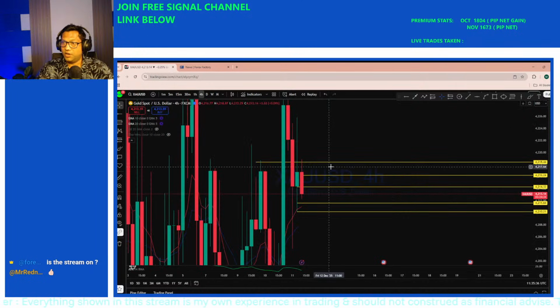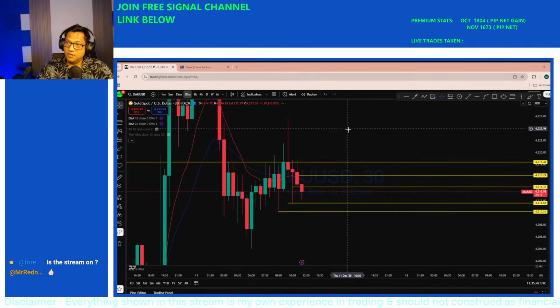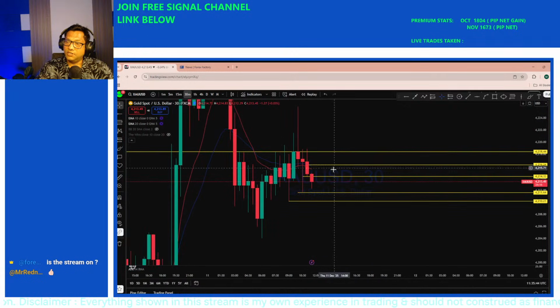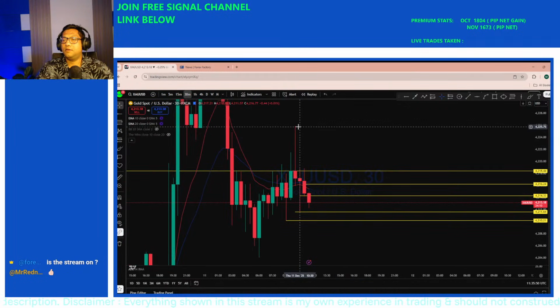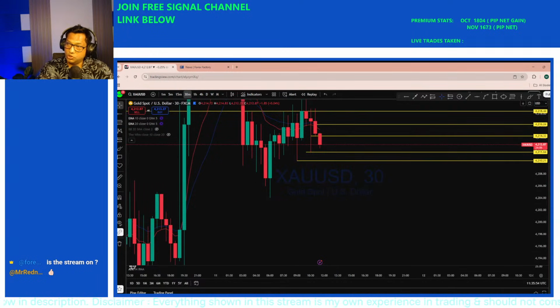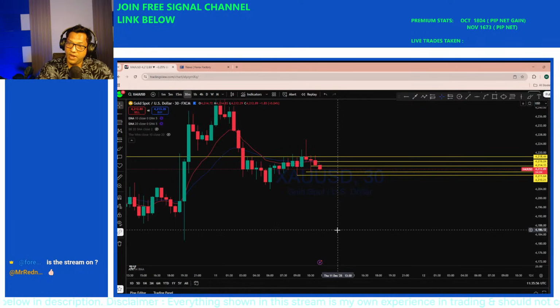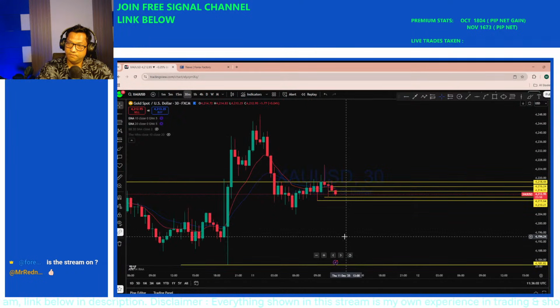If you look at the 4 hour again, this is where the market, after the candle close, price got rejected. And now it's potentially breaking this trend line. And because there is a rejection from this higher price, the possibility here is to drop back even to this low, because the market left the imbalance in that direction.